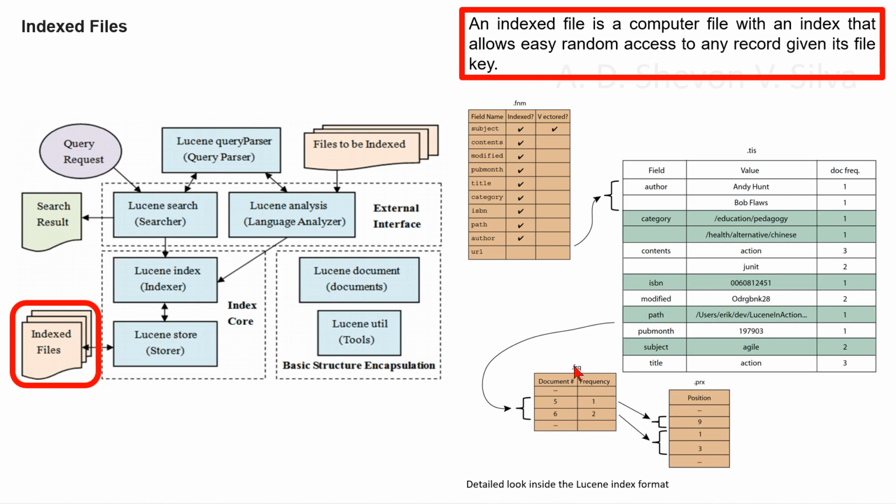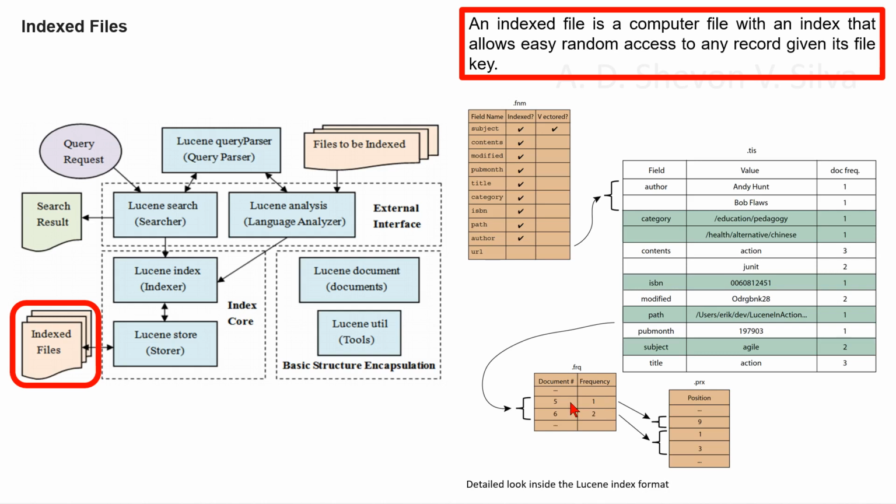Term frequencies. The term frequencies in each document are listed in the .frq file. In our sample index, for example, Ant in Action, document ID 5, has the value JUnit once in the contents field.